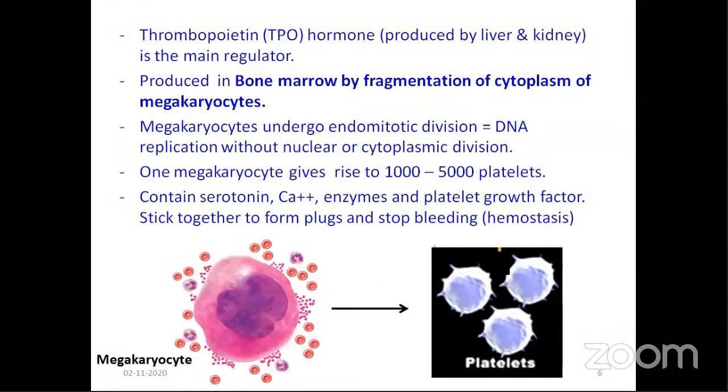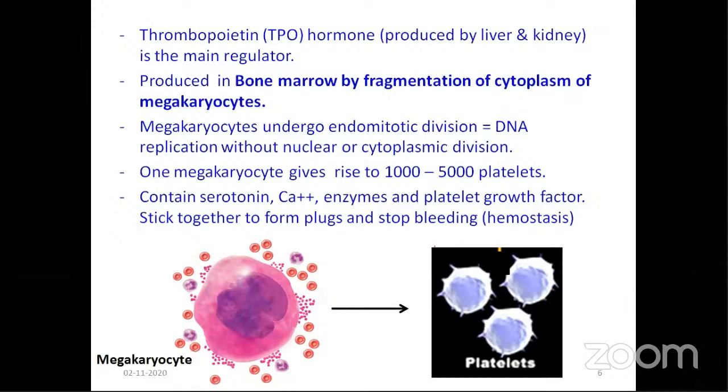And the important hormone which is responsible for regulating the process of platelet synthesis is thrombopoietin, TPO, which is produced in our body by the liver and kidney.